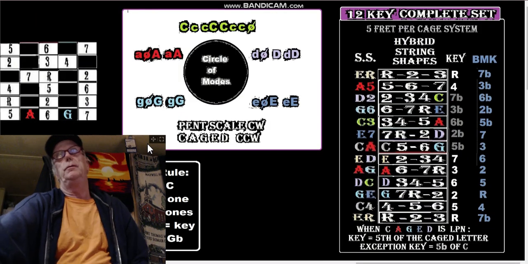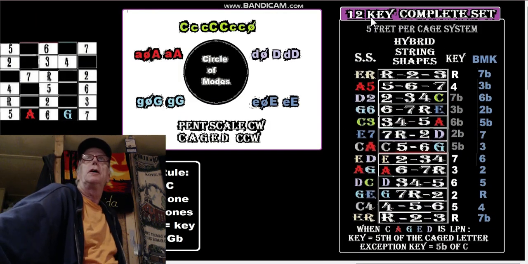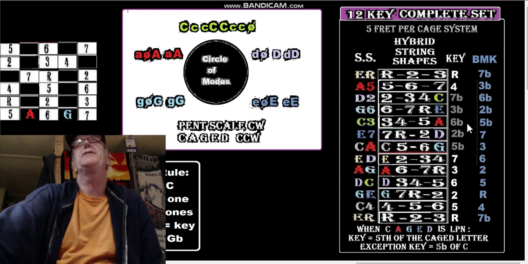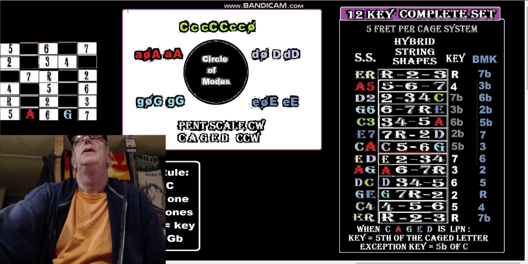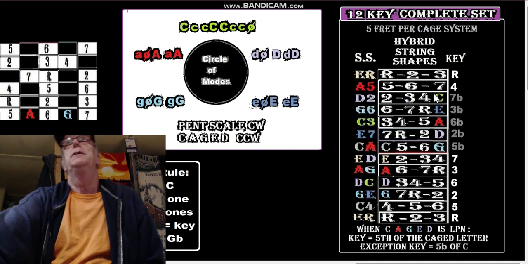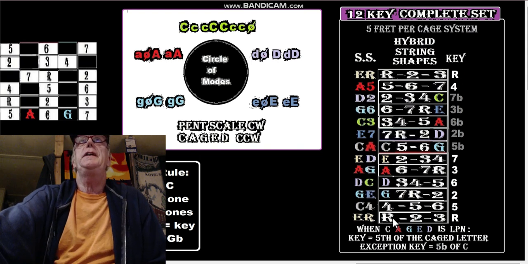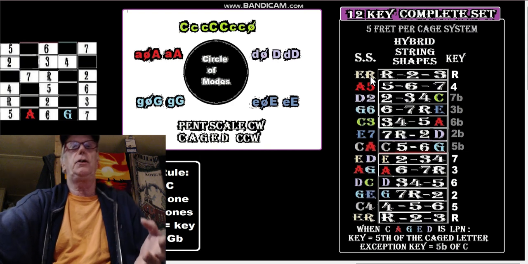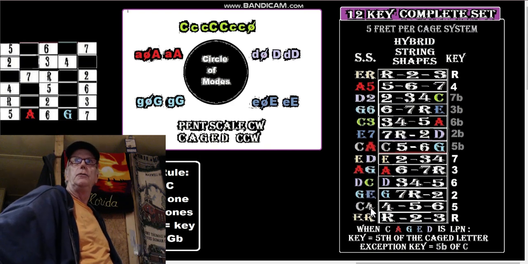And now, just a little bit talk about the 12 key complete set of string shapes. Don't worry about the blues magic key here. Just worry about this. These are the chords, the scales rather, that are represented in these boxes.